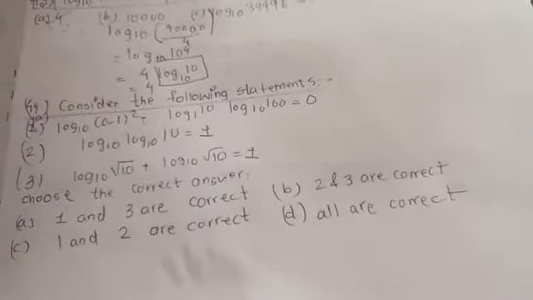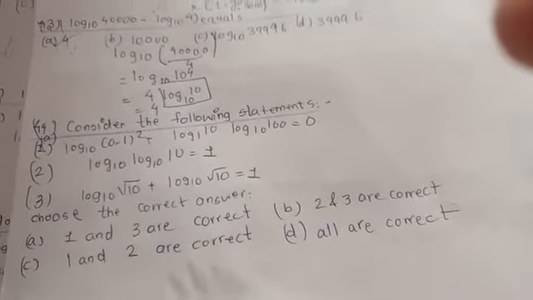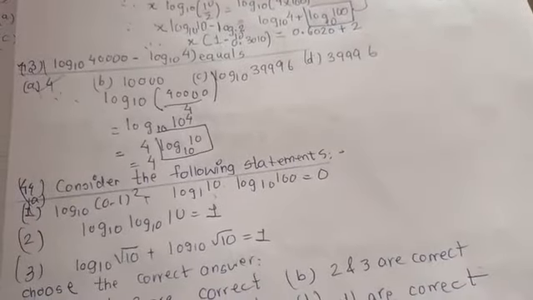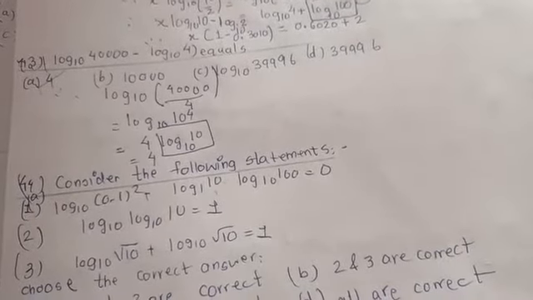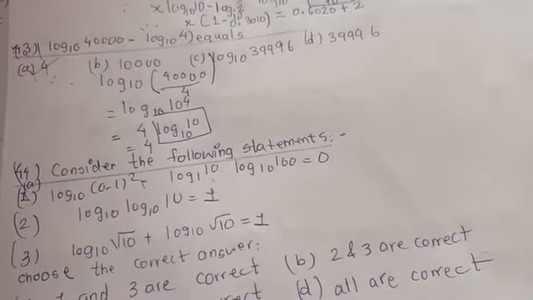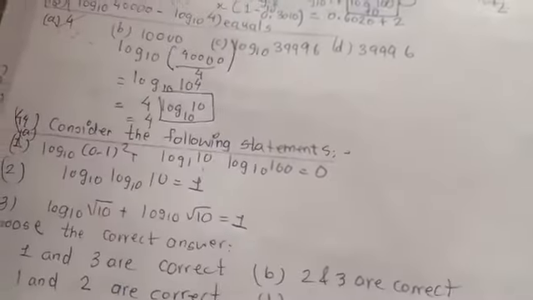Now again we have to consider the following statements. Log to the base 10 of 0.1 square plus log to the base 10 of 1 plus log to the base 10 of 100 is equal to 0.